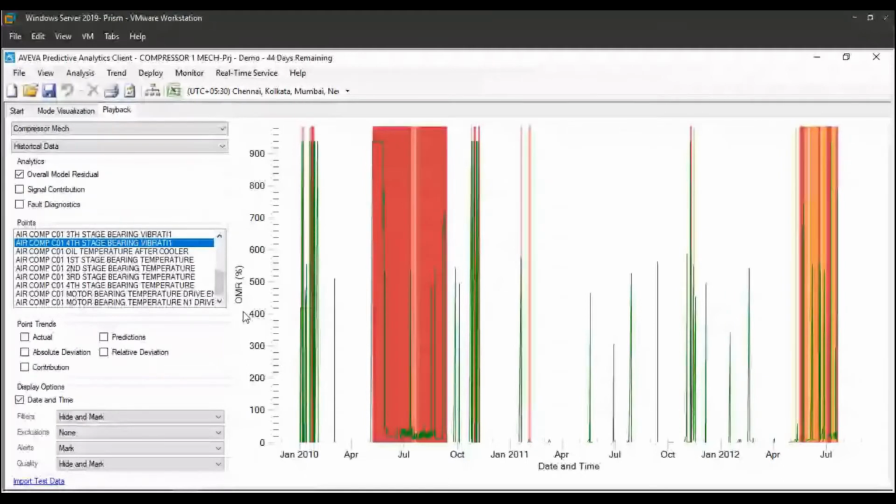So just by looking at this one single variable, I'll be able to know whether my equipment is currently deviating from the normal or not. An ideal OMR value is 0. An OMR value of 0 means that the current state of the equipment is exactly equal to the ideal state of the equipment. And any deviation away from 0 tells me that there are some variables which are deviating from their normal, which is why it is being shown over here. What we do here in essence is reduce the number of variables that we have to analyze into this one single number.